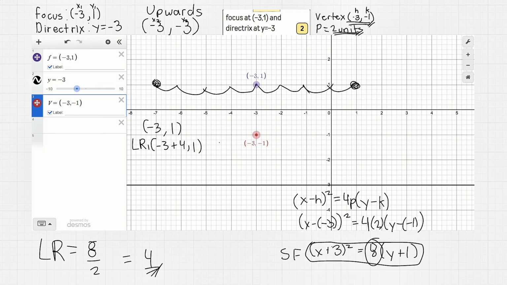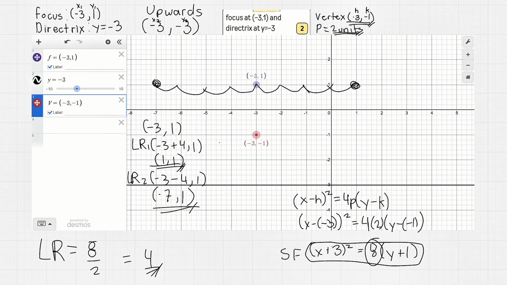So it will be 1, 1. This is our LR1. And our LR2 is -3 minus 4, comma, 1. So it will be -7, 1. This is our LR2.